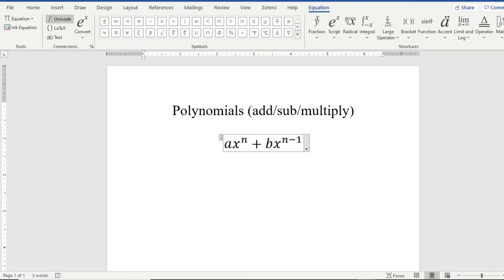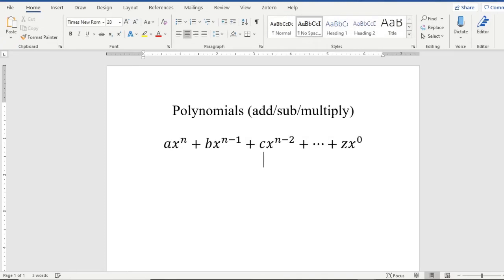Plus, again, c x to the n minus 2. Okay? And then so on and so forth until you get to, say, z x to the 0. This can be as long as you like. It can be as small as 3, at most like infinity. So we're going to focus on ones that only have 3, just to make our lives a little easier.